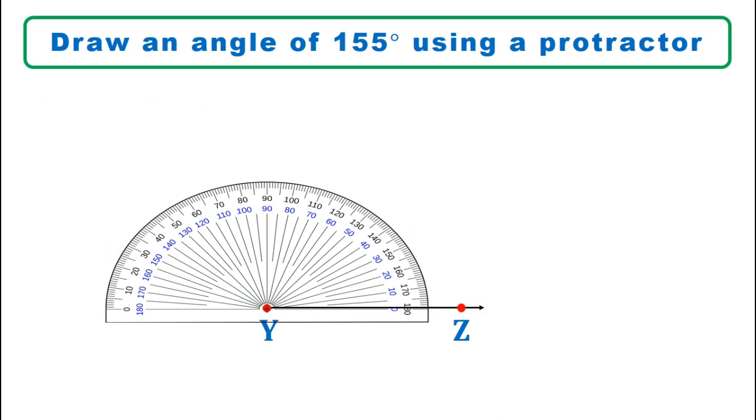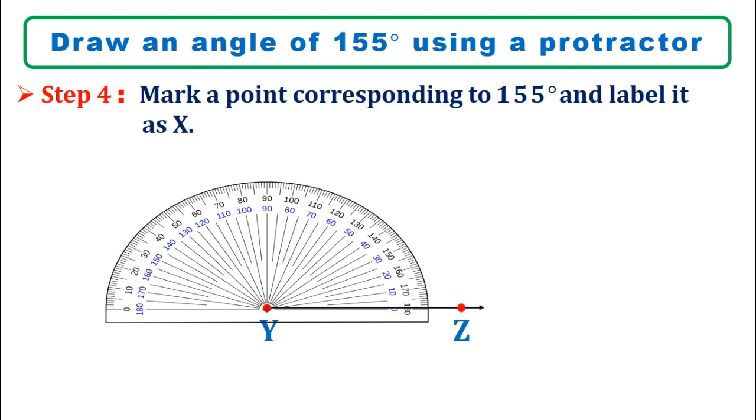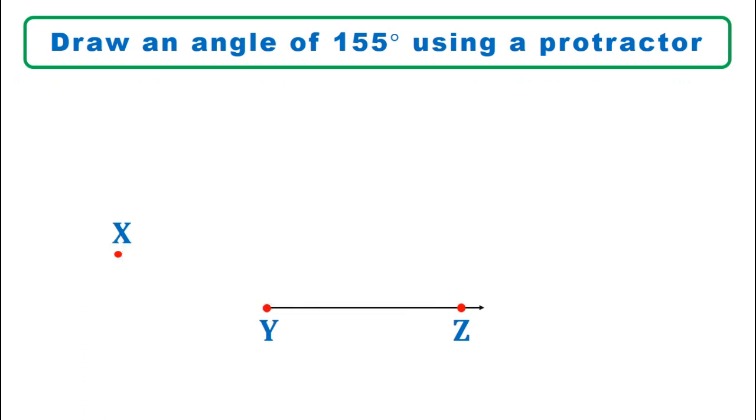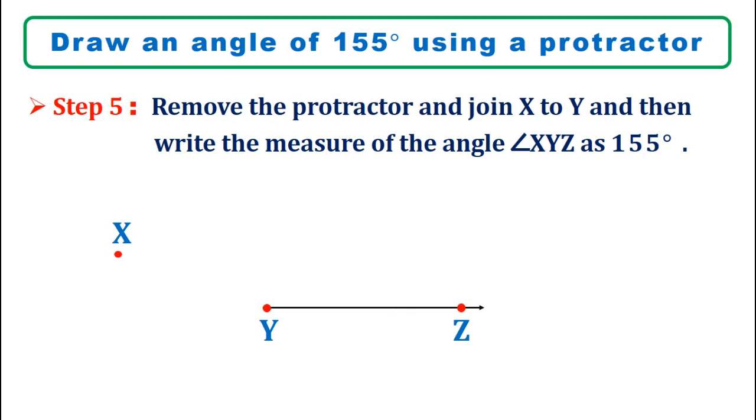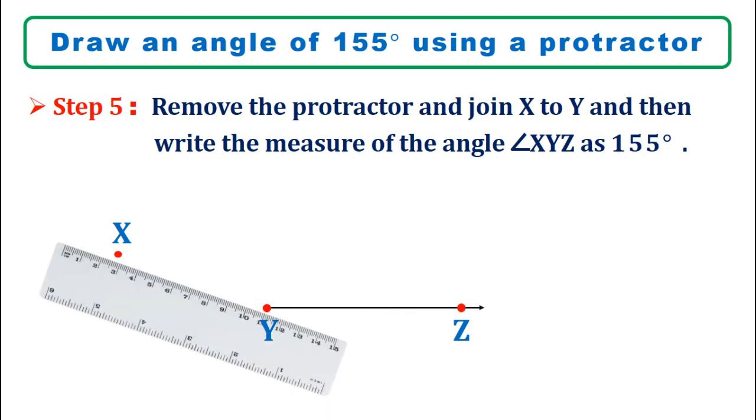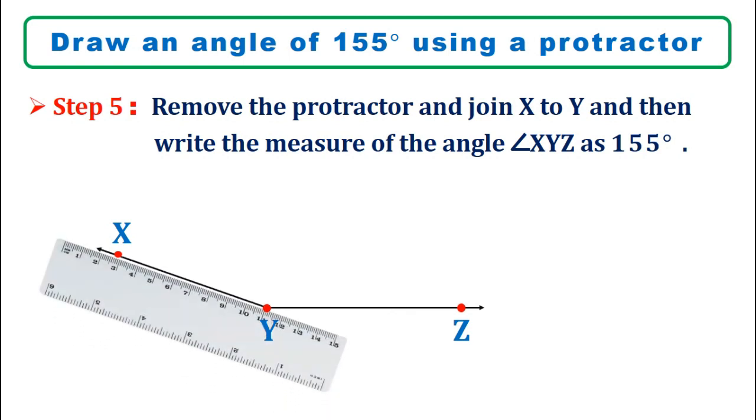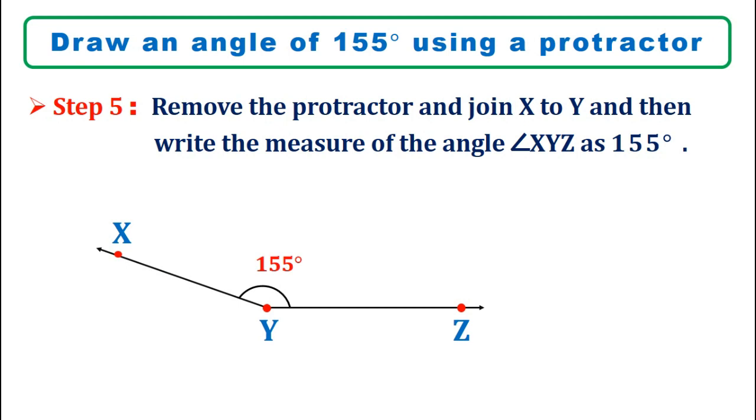In step 4, we will mark a point corresponding to 155 degrees and label it as X. Lastly, in step 5, we will remove the protractor and using a ruler, we will draw a ray joining the 2 points X and Y and then write the measure of the angle, which is 155 degrees.